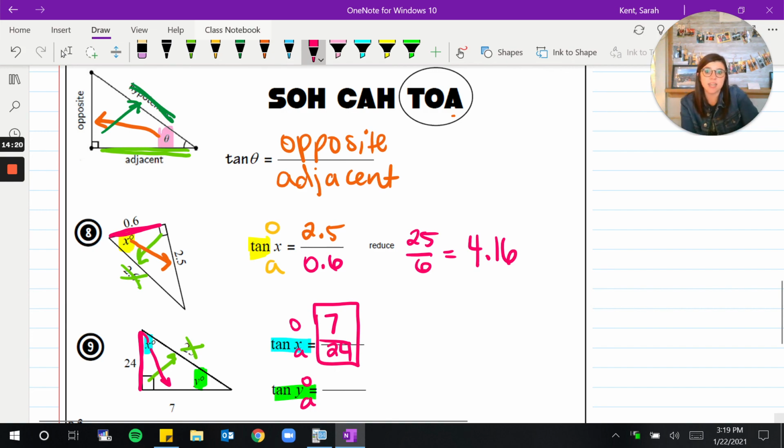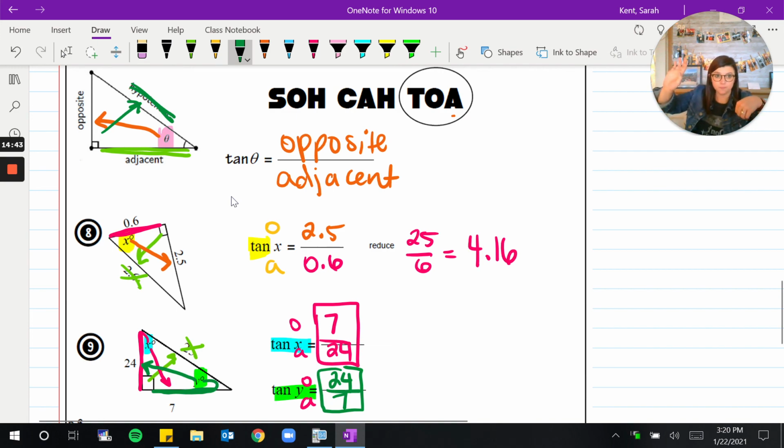Then if we look at tangent y, for y, I want what's across from y, which is 24. And then I want what is adjacent to y, which is 7. So for tangent y, it's a flipped fraction, 24 over 7, because we're looking at the other corner.